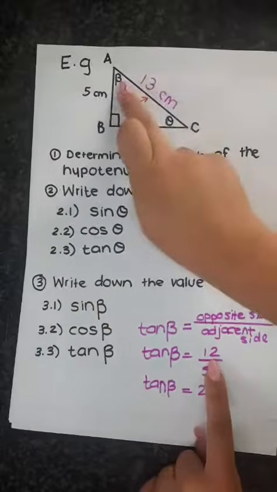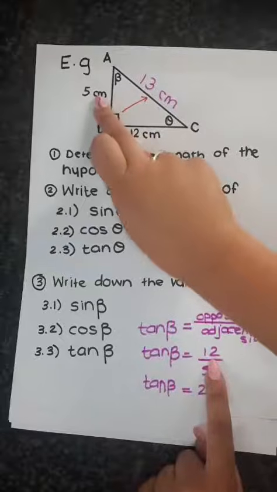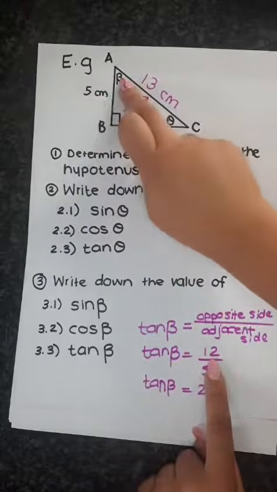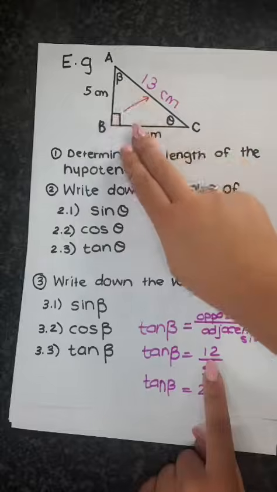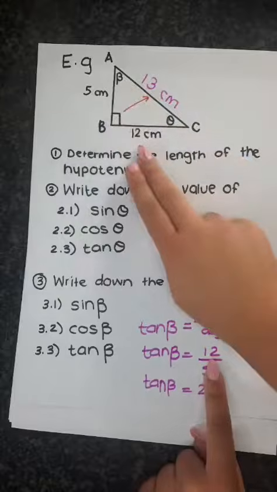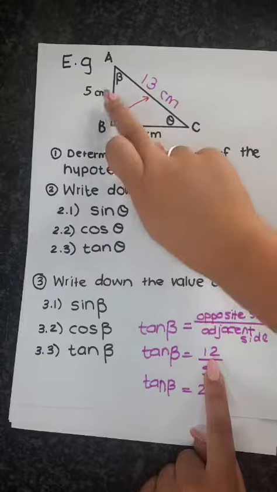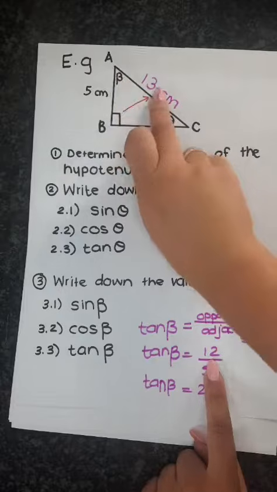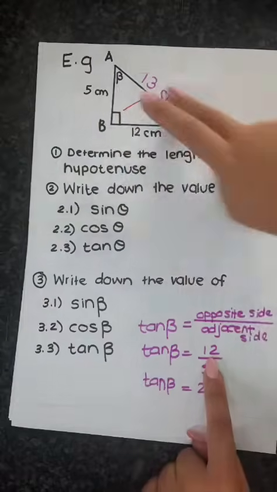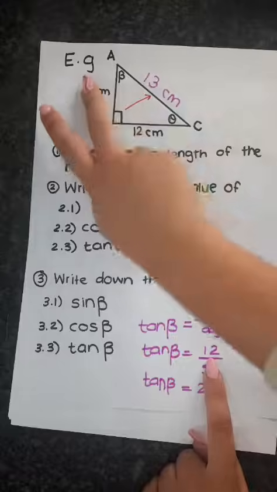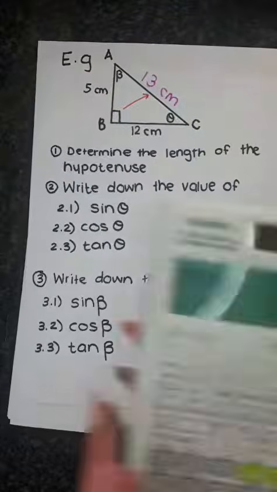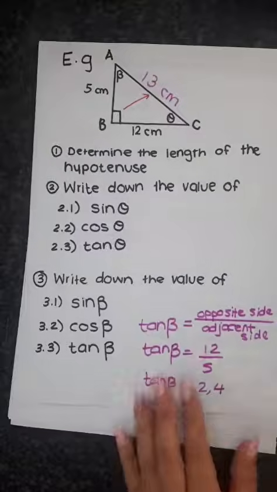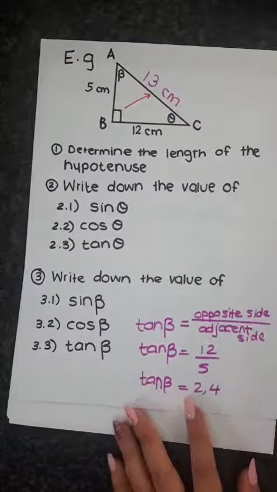There's beta, next to beta is 5. I know you guys are saying, but the 13 is also next to him. This is the hypotenuse. So it's 12 over 5. And what is 12 over 5? 12 over 5 is 2.4. Okay, do you guys see that? Let me know before I move on.